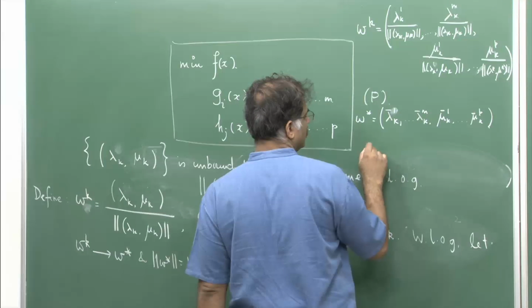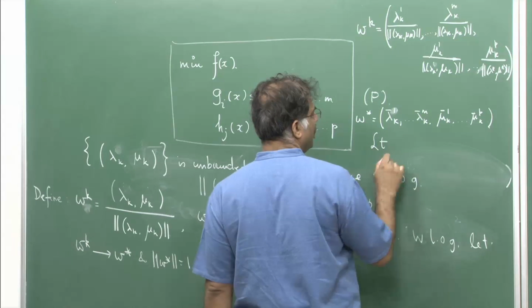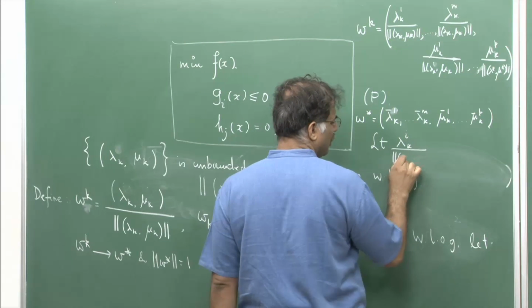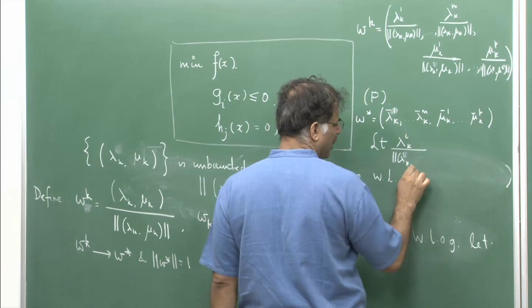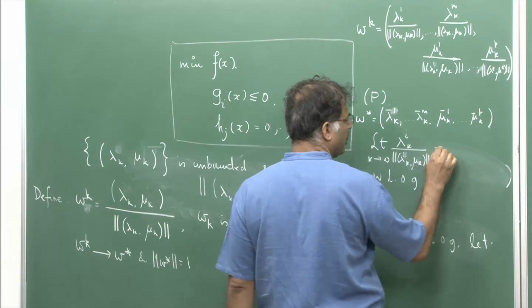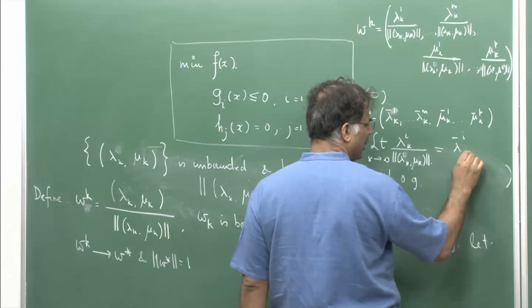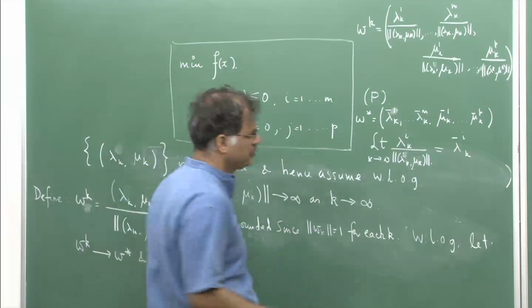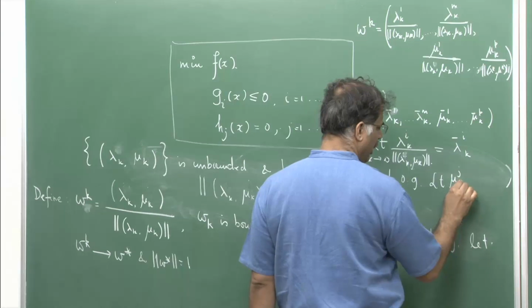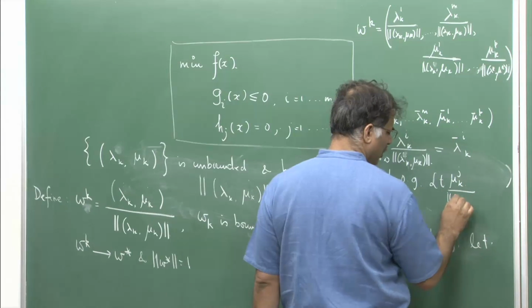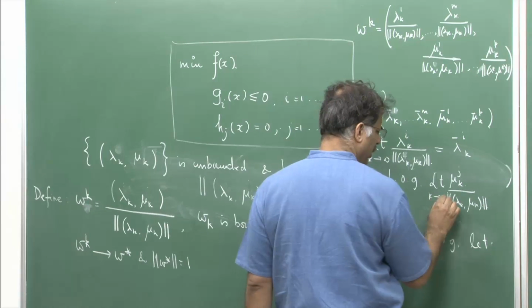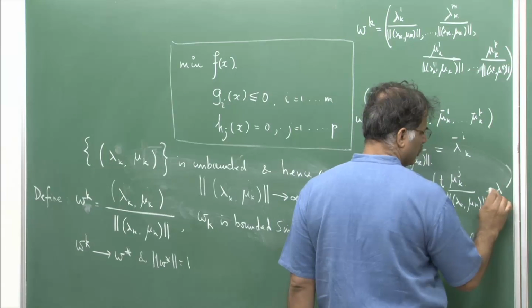So, now the limit of lambda I k divided by the norm of lambda k, mu k, as k tends to infinity, is going to lambda bar I. Similarly, the limit of mu j k divided by the norm of lambda k, mu k, as k goes to infinity, is going to mu bar j.